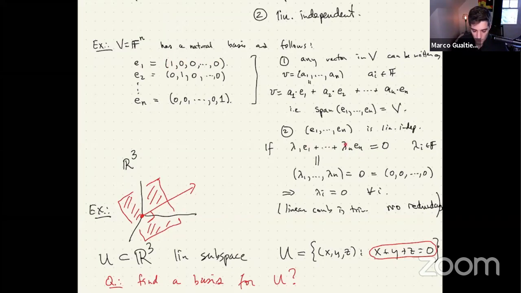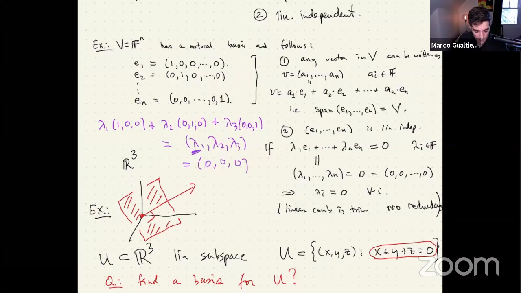So if I take lambda 1 times 1, 0, 0, plus lambda 2 times 0, 1, 0, plus lambda 3 times 0, 0, 1, then I get lambda 1, lambda 2, lambda 3. And if this is equal to 0, then it must be that lambda 1, lambda 2, and lambda 3 are all 0.